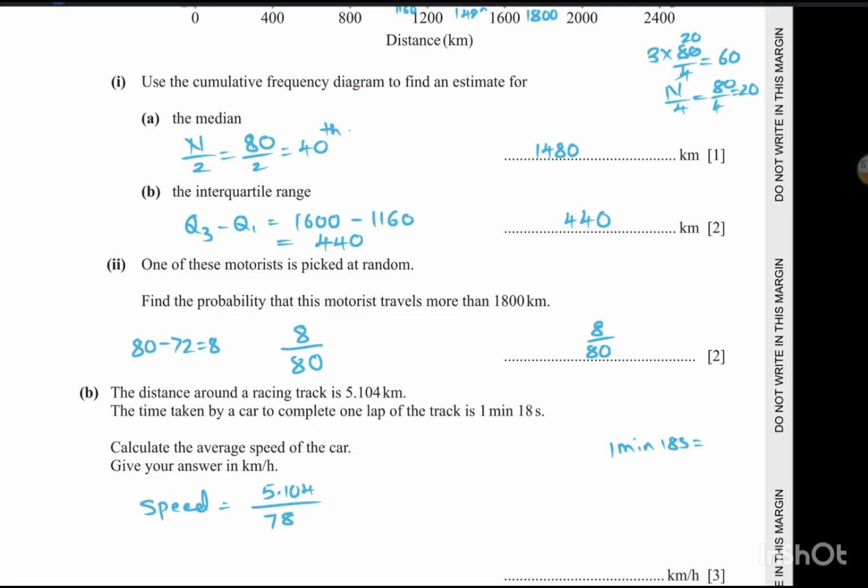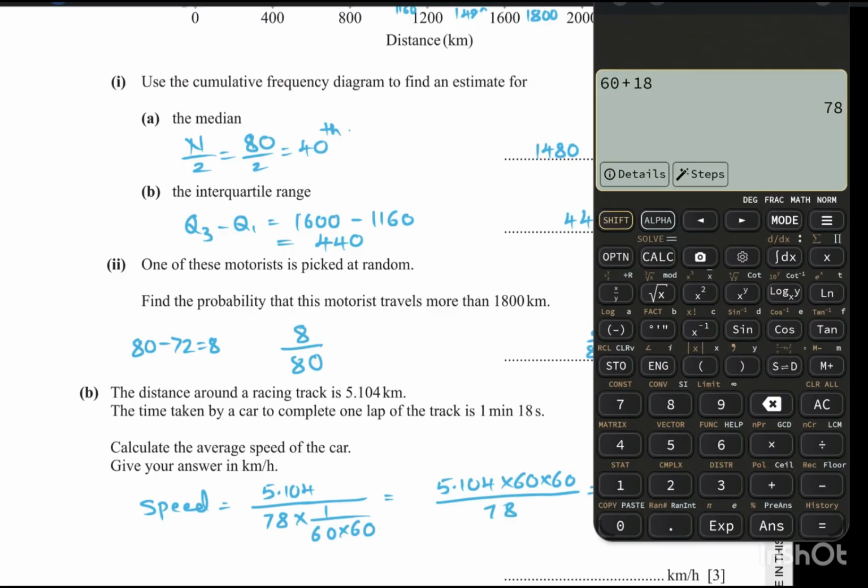But we need to convert these seconds into hours, so I will divide this 78 by 60 and 60 multiplied by 60, into 1 by 60 into 60. So this will be 5.104 into 60 by 78.